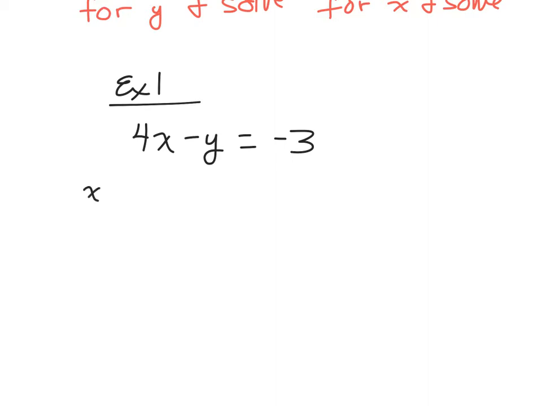Let's find the x-intercept. Now, some people call this the cover-up method. Have you ever heard it called that? Here's why. To find the x-intercept, I put 0 in for y.